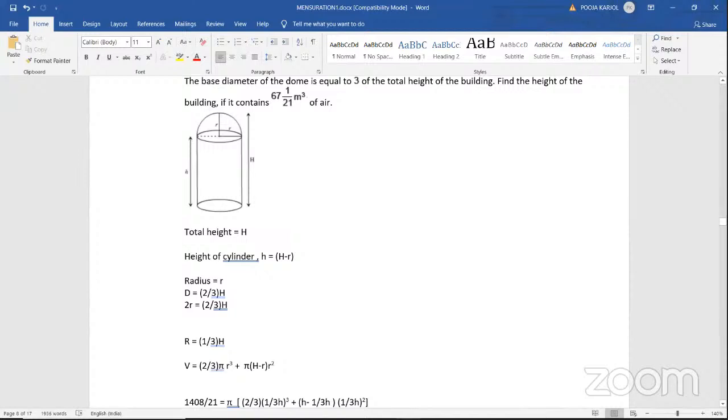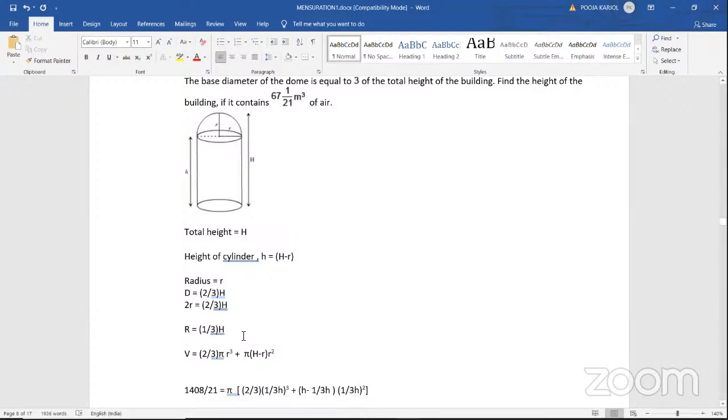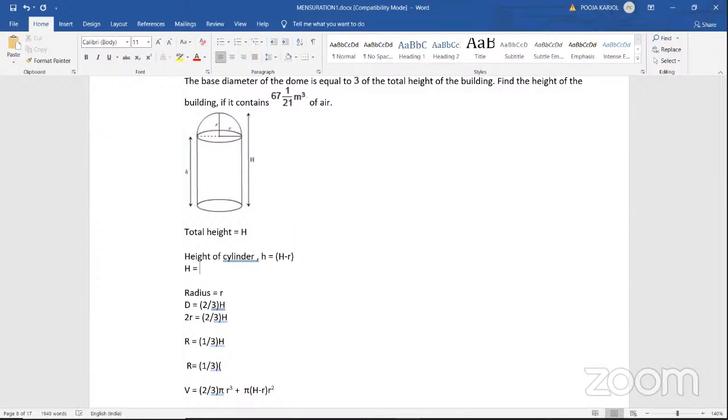Here also I'll write 1 by 3. Capital H is what? R plus H, small r plus H. This will be this.